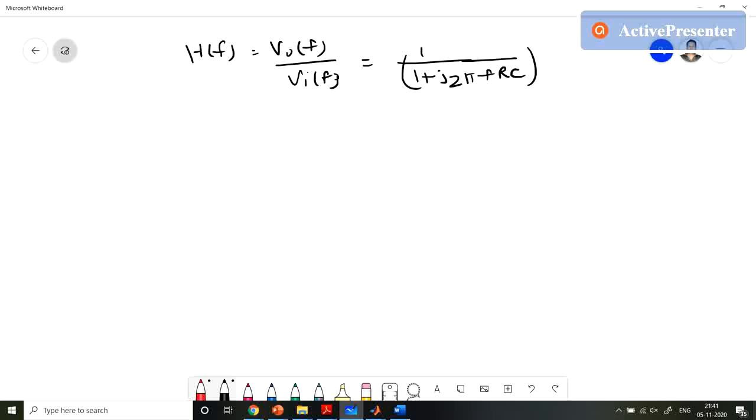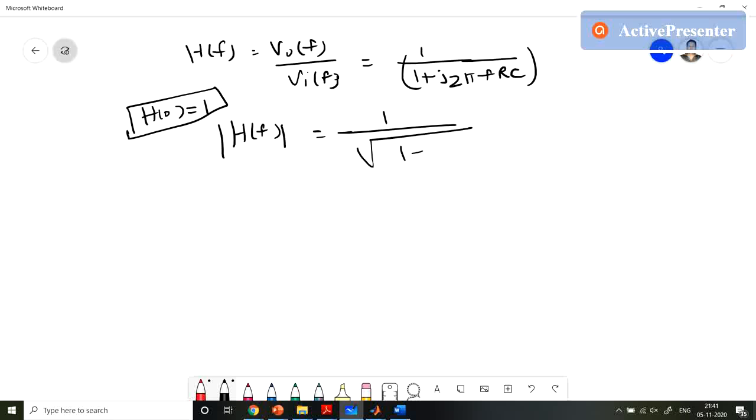What we are going to find out is the magnitude of H(f), and also we have H(0), that is at f equals to 0. H(0) is equal to 1, and modulus of H(f) is equal to 1 divided by under root 1 plus 4 pi square f square R square C square.